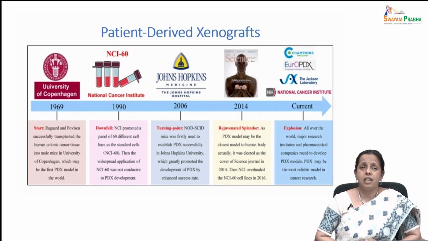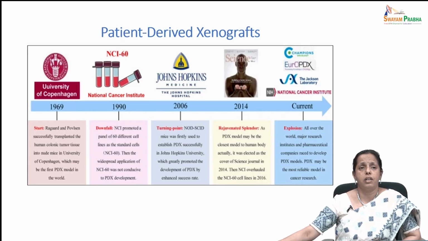In 1969, Rygaard and Povlsen successfully transplanted human colonic tumor tissue into nude mice. They did it at the University of Copenhagen and established the first PDX.